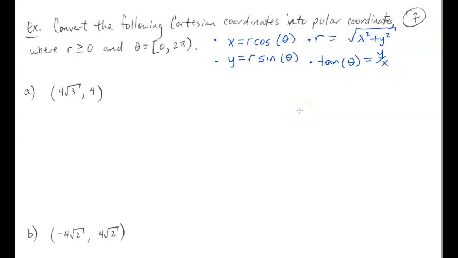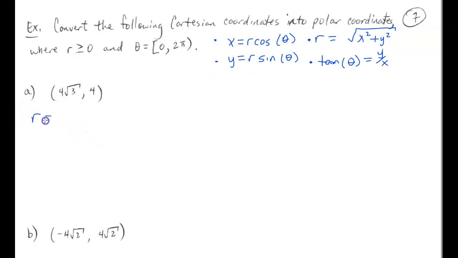Okay. All right. So first things first, let's go ahead and calculate what our radial coordinate is, since that's relatively straightforward. And we need that to be able to find out our polar coordinate.